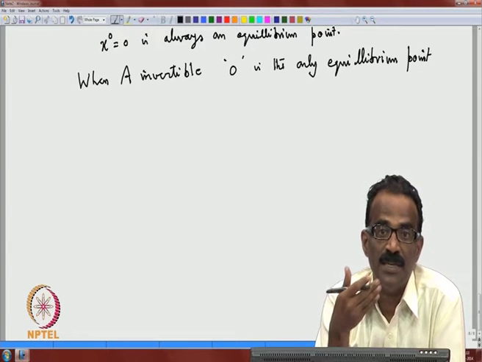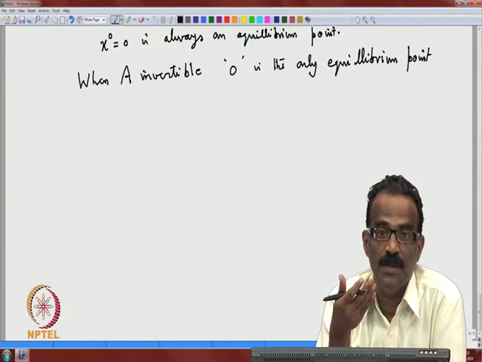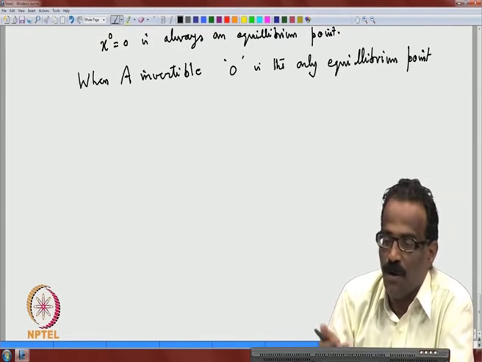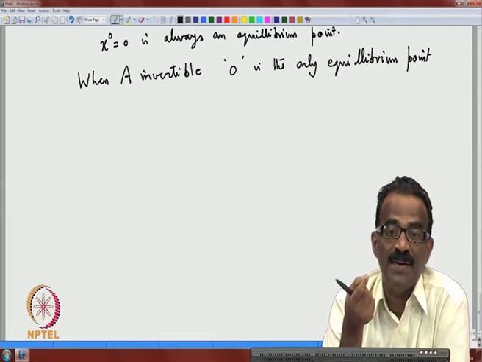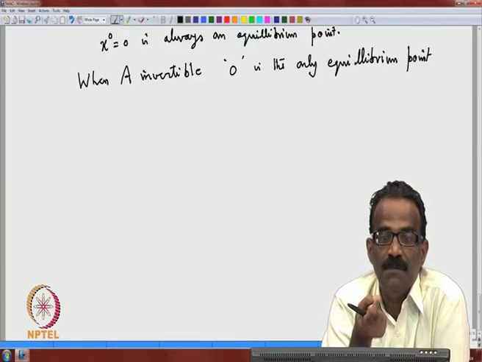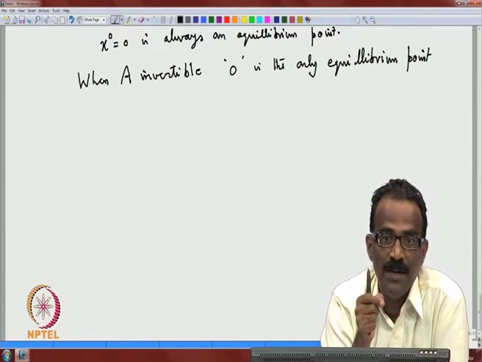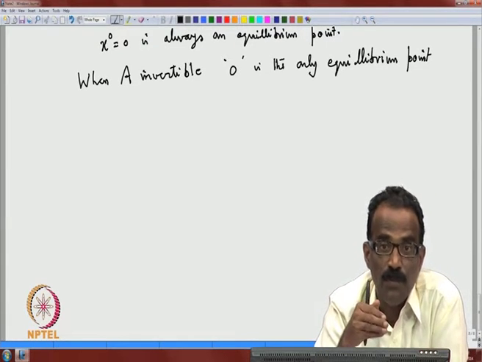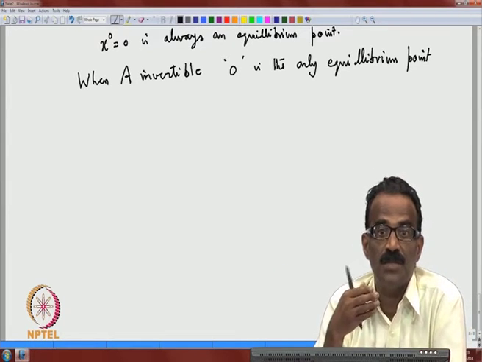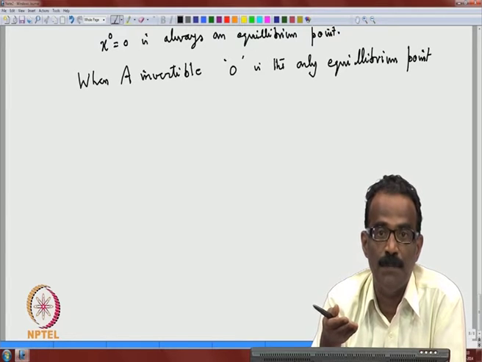Because this is important from the point of view of applications, you will never be able to start at a particular point; you are always going to make error. And this kind of concept you also have to know: a solution starting near an equilibrium point will remain there, will go to the equilibrium point, or will move away from it, leading to various types of stability.